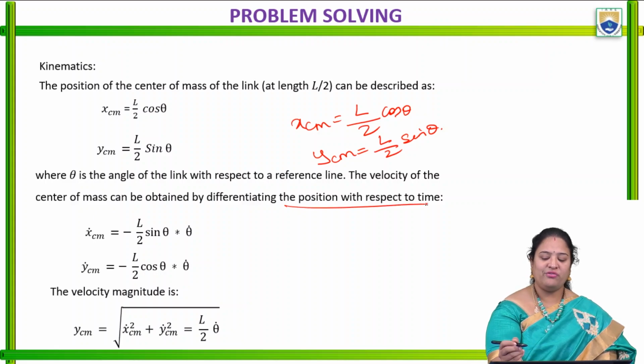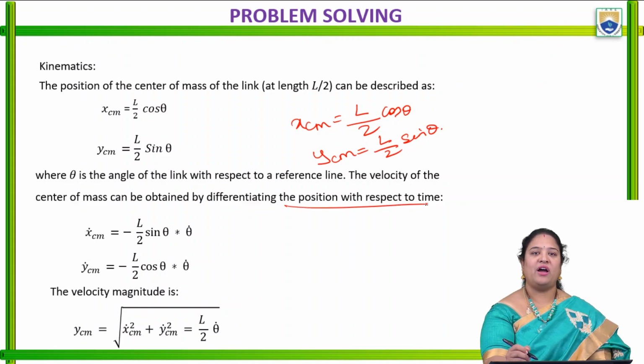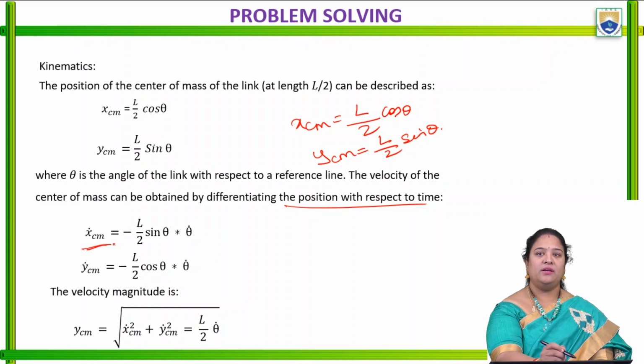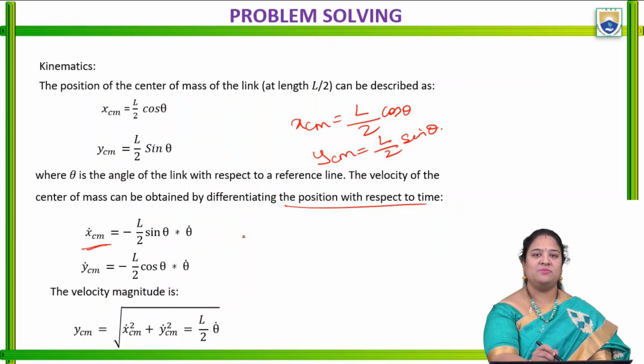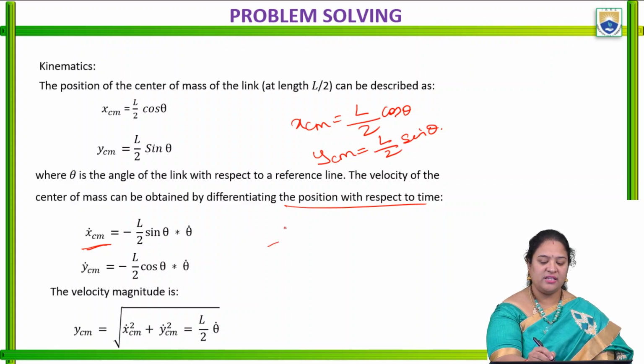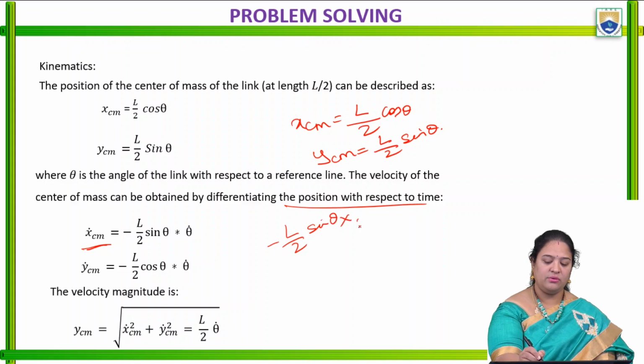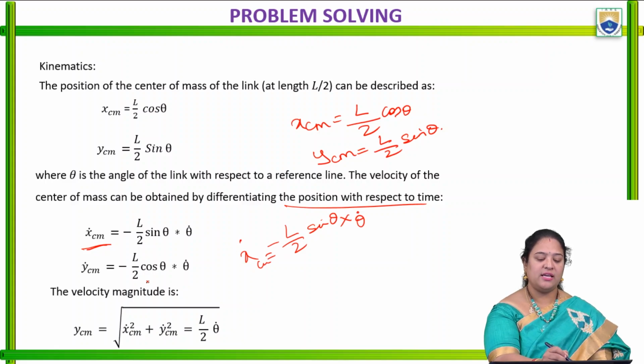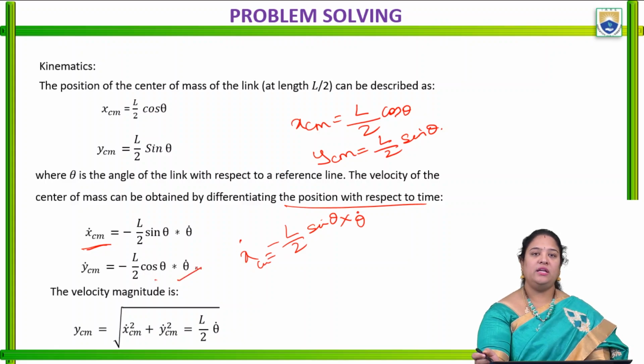Now we have to find out the position also. So the velocity at the center of mass is taken as x dot, where theta is the angle of the link, and we write it as minus L by 2 sin theta into theta dot along the x-axis, and along the y-axis, minus L by 2 cos theta into theta dot.